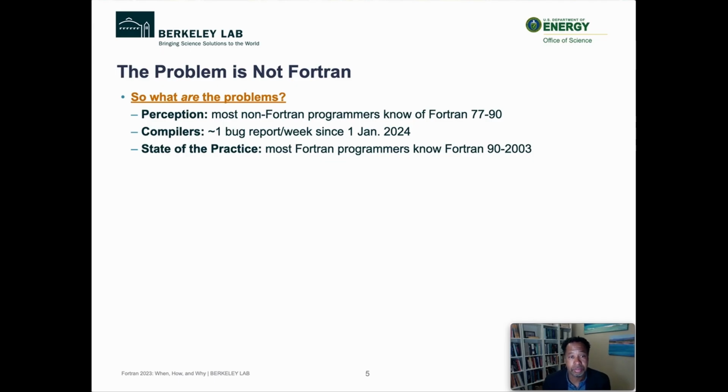I devote a significant fraction of my time to submitting almost a bug report a week, and have since the beginning of 2024. There are some problems with the state of the practice in Fortran. Most Fortran programmers know Fortran 90 to 2003, versions that are 22 to 35 years old.